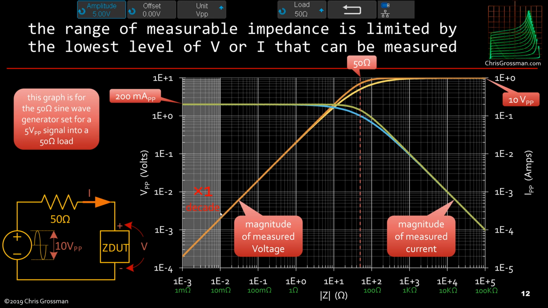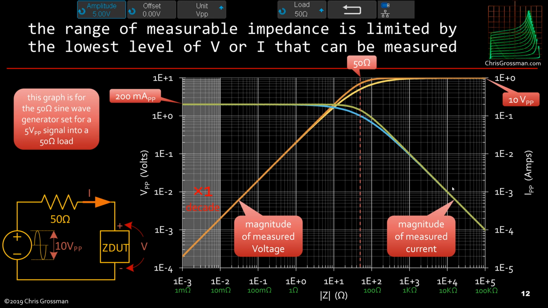We can get around that a bit if we, instead of using the ×10 probe, use a ×1 probe. We can probably get a decade lower, but that introduces other issues, which we'll talk about in a subsequent chart. Likewise, if we go to high impedances, let's say 10 k ohms to 100 k ohms, the voltage across the device is going to be 10 volts peak to peak.